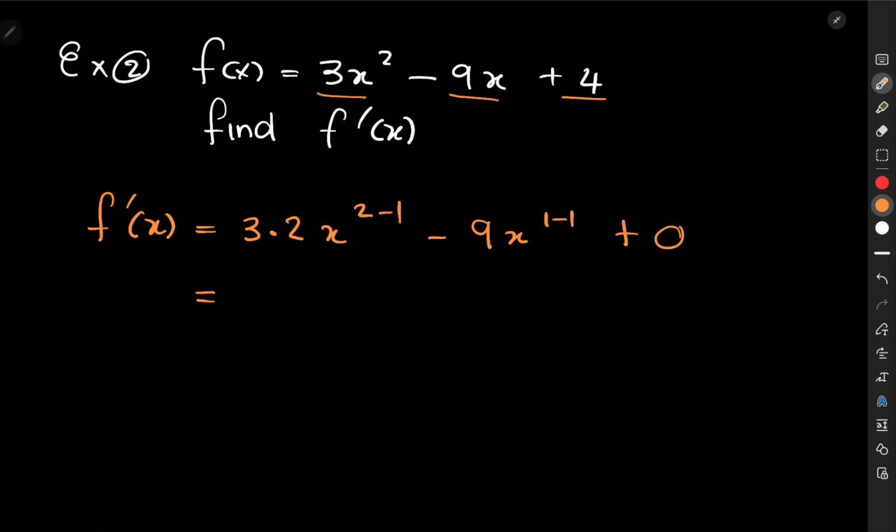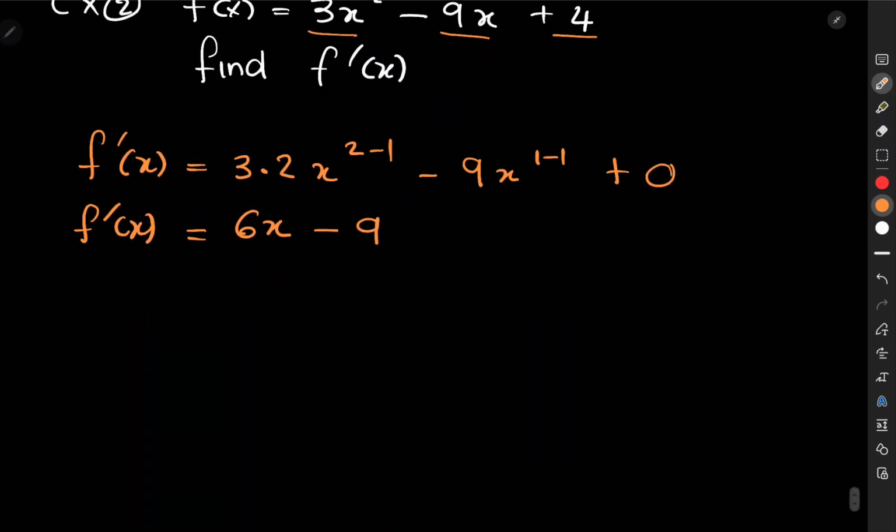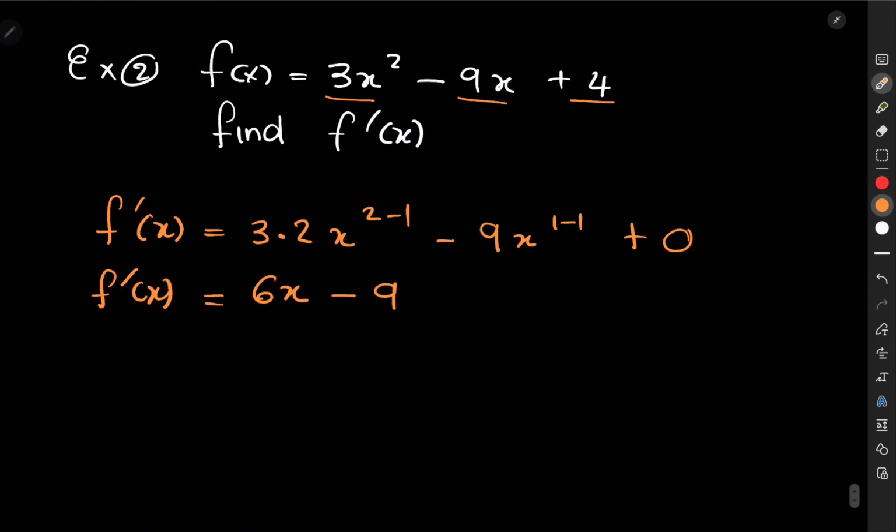So if we further simplify this, we have 6x minus 9 x to the power of 1 minus 1, which will give you x to the power of 0. And from the laws of exponents, we know that x to the power of 0 is 1. So 9 multiplied by 1 gives you 9. So the final answer for that would be 6x minus 9.